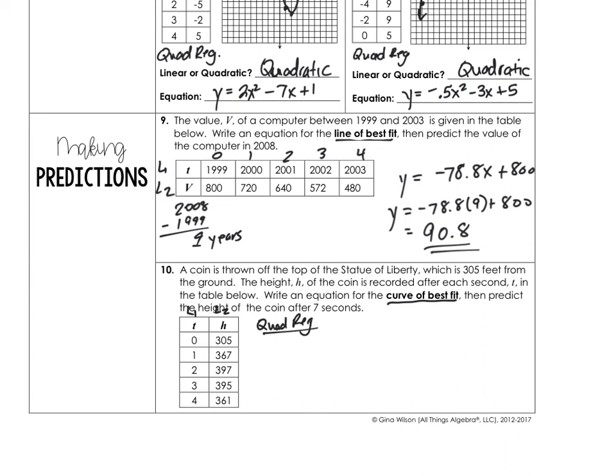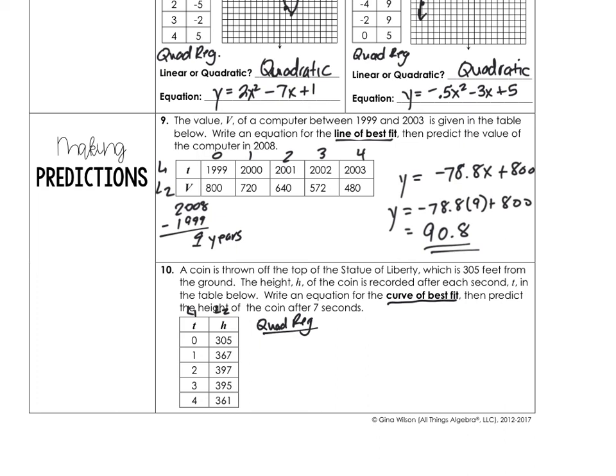Nothing fancy here, just put those values in just like they're given to you. L1 is going to be 0, 1, 2, 3, 4. Oh, look, we already have those in there. L2 is going to be 305, 367, 397, 395, and 361.